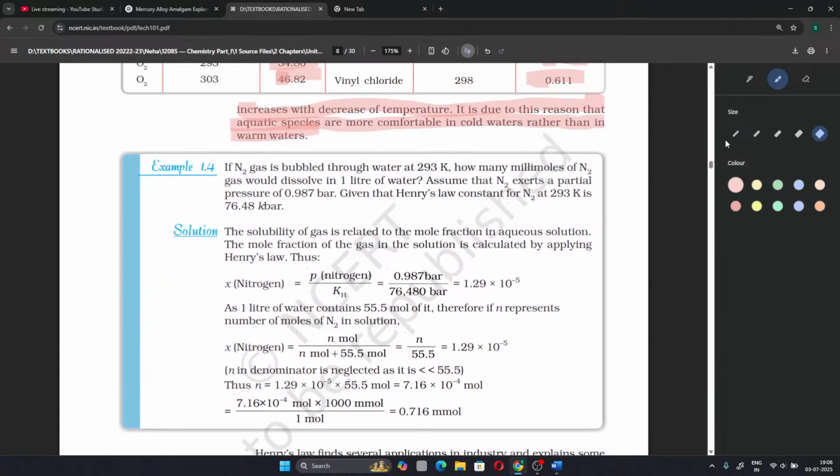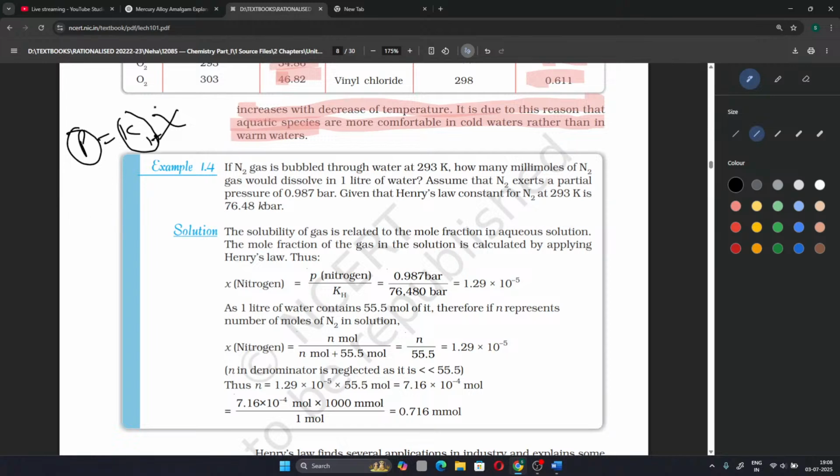Basically, they are asking us to use the formula P equals KH chi. They are asking if you pass N2 gas over or into water, how much would it dissolve? They gave the value of KH, and the pressure, which is close to 1 bar.